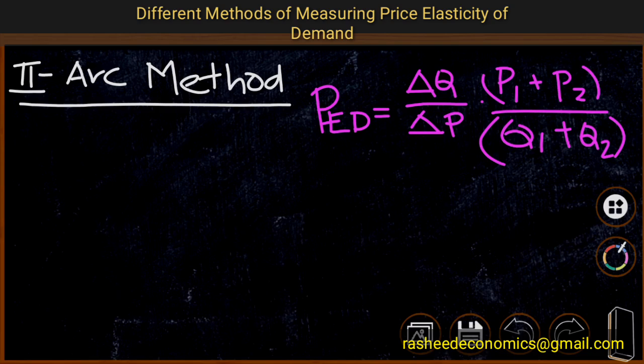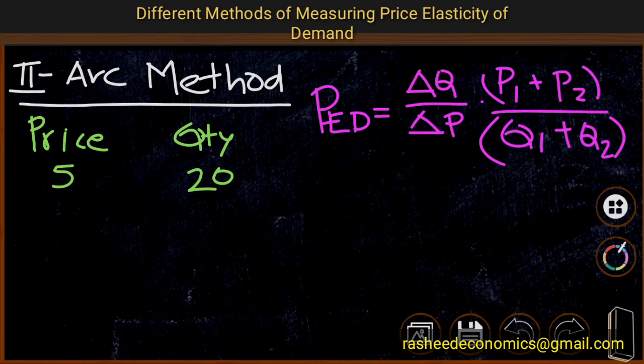Now we are going to calculate the price elasticity of demand with a numerical example which we have explained earlier. As per the previous example, we have an imaginary demand schedule where the price of the commodity is 5 and quantity demanded is 20, and when price decreases to 4, quantity demanded increases to 25.